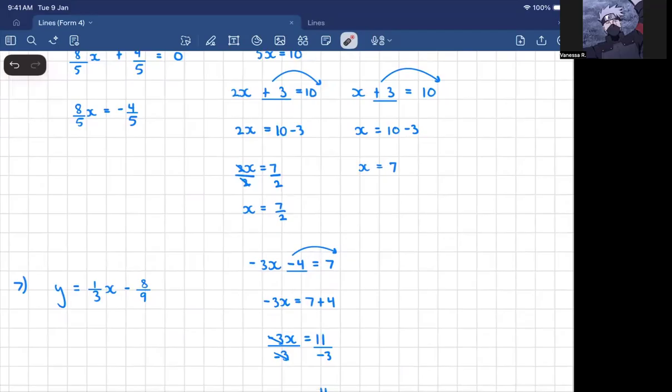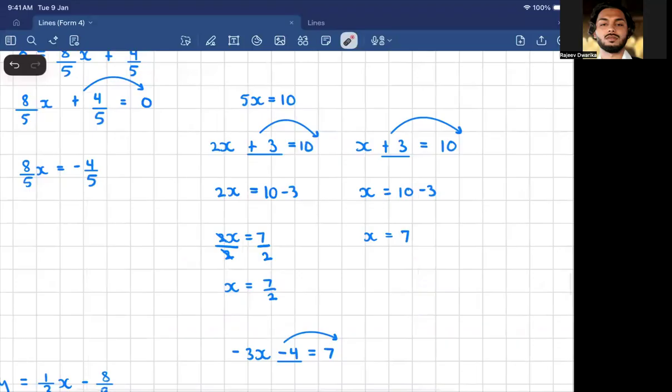Yeah, sure. Okay, so the general process: we need to move across the term that's being added or subtracted. You move that across. So the only thing you have is the x term. Understand? Mm-hmm.